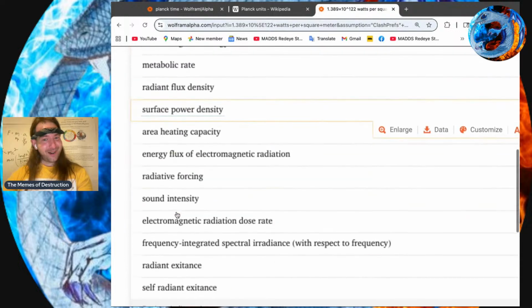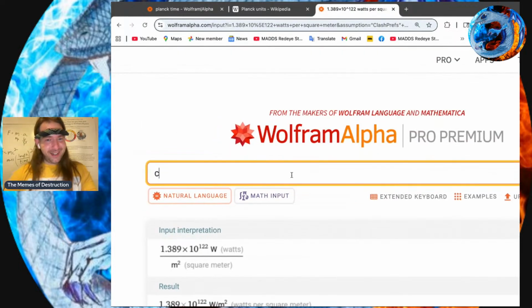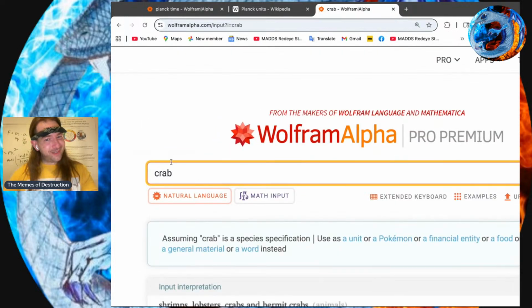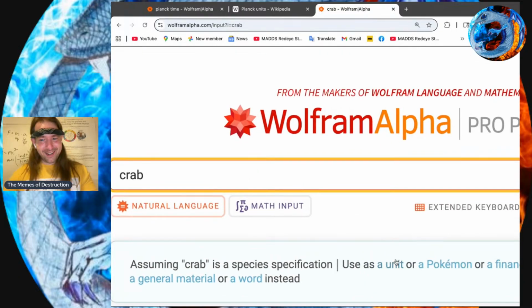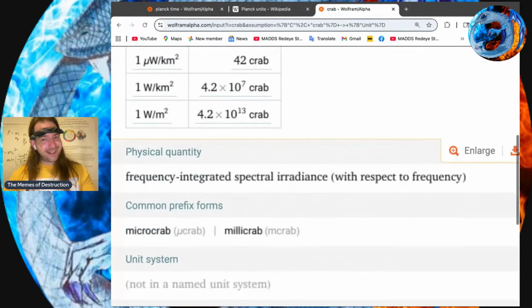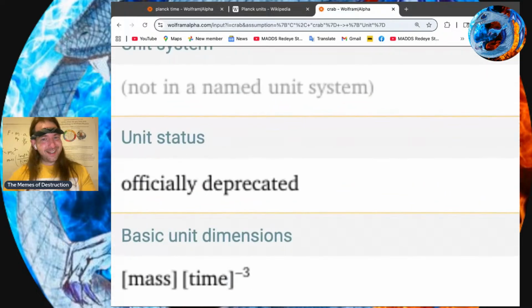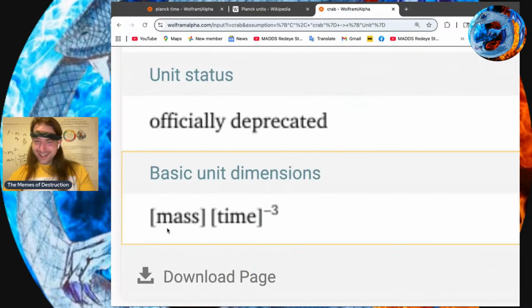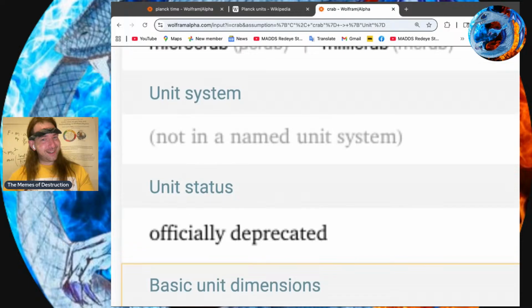One of my favorite units now is the crab, a unit. Yes, a crab is also a unit of mass divided by time cubed. I just remember when I got that number, I was going through, like, what is this?